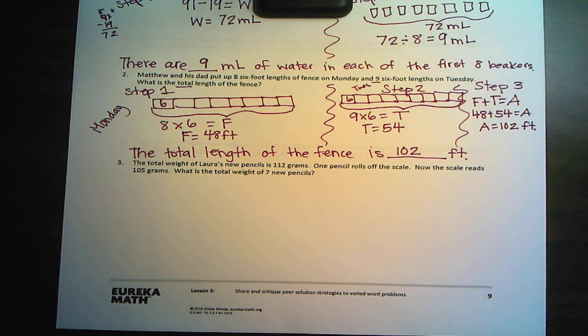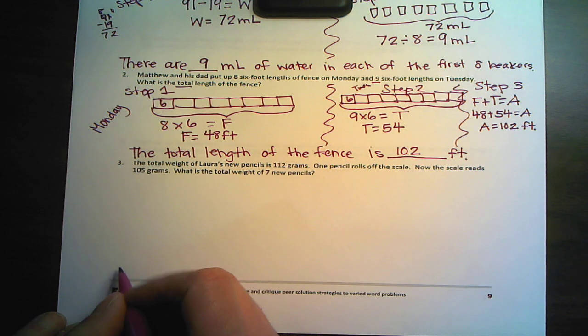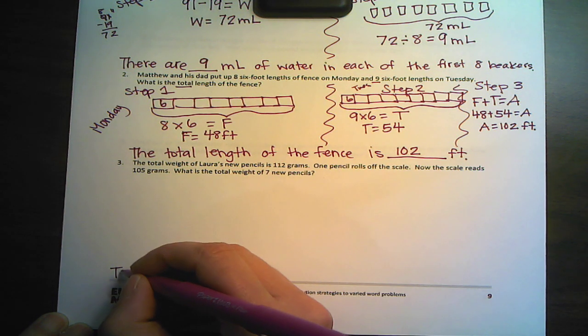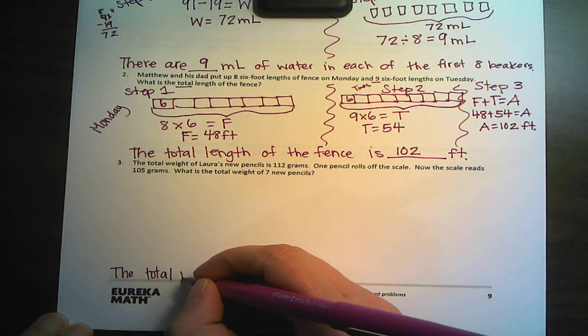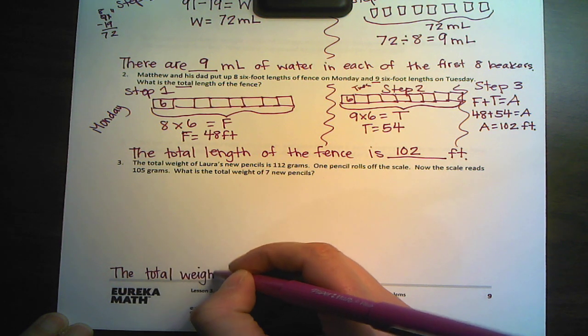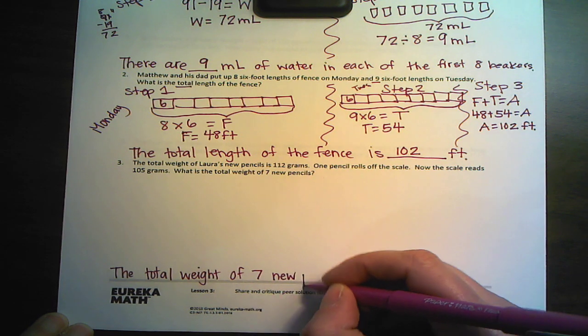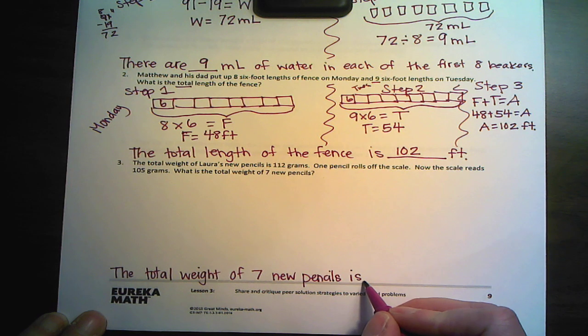Good question. Let's write our sentence first. The question is, what is the total weight of 7 new pencils? So we're going to say the total weight of 7 new pencils is blank.